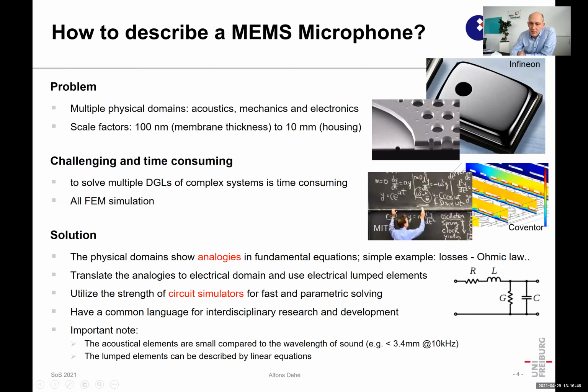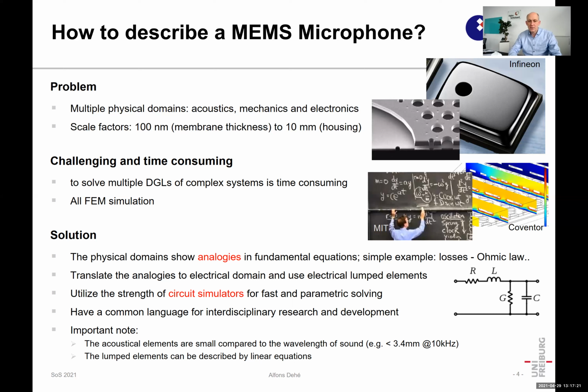We call these lumped elements, so they are representatives for a bigger association of volumes. They are concentrated elements, and they are valid since the wavelength that we are dealing with is typically much larger than the dimension of our device. As a reminder again, 3.4 millimeter is the wavelength of a 10 kilohertz tone, and this is just starting to get into the dimensions of the housing of the microphone.